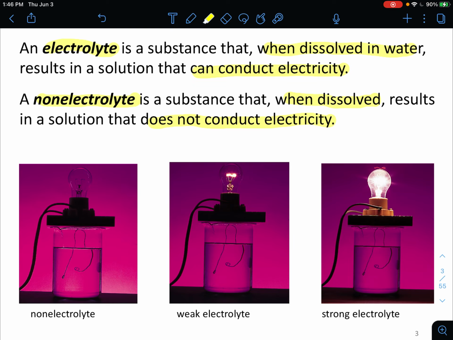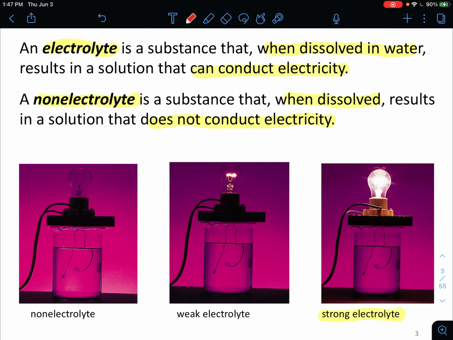So these three pictures across the bottom, on the far right we see electrolyte solution, so that's what's in the beaker down below, and then there's kind of this light bulb set up with a power source, but it's got the wires dangling down into the solution.